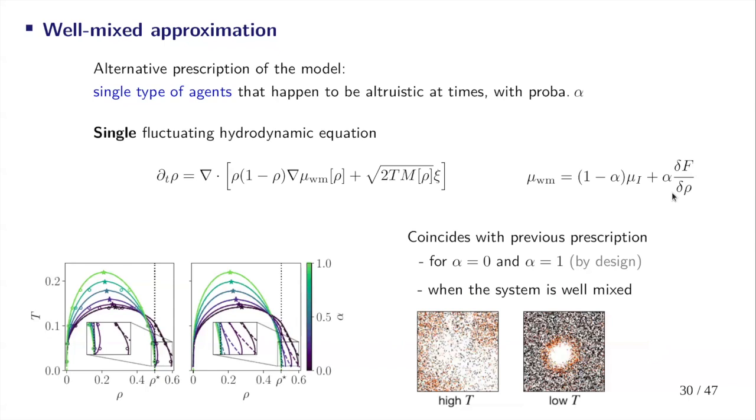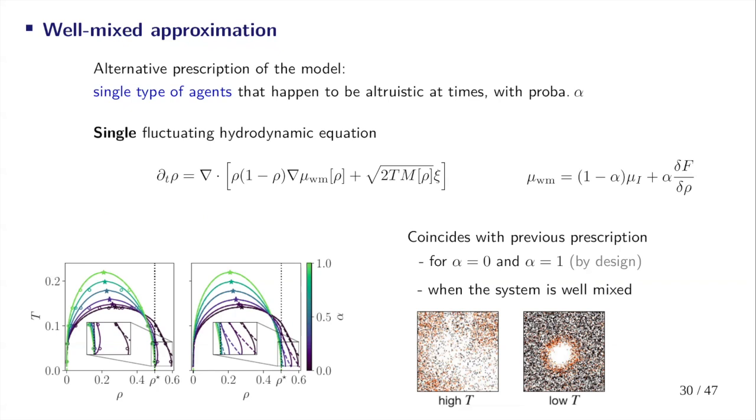There is no, it's just a brute writing of the well-mixed system. I guess you can derive it, but you just mix your two populations, and so the chemical potential has to be a mix of these two chemical potentials. I don't have any better explanation than that.